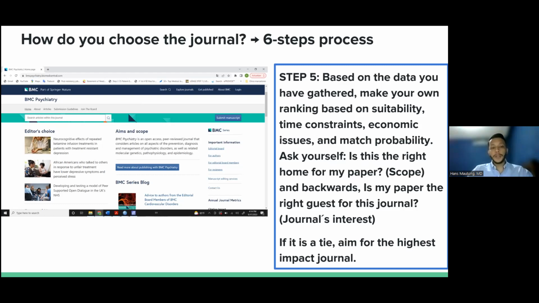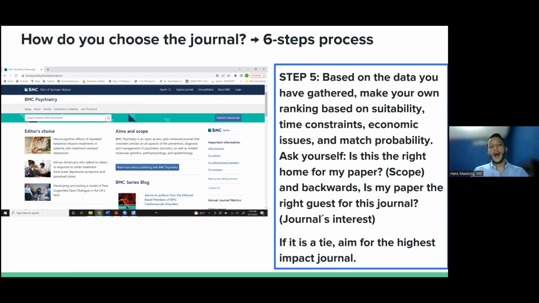And it is really important to ask yourself 2 different questions, which are basically the same question but backwards. The first one is: is this the right home for my paper? That basically translates to scope. The last thing you want to do is aim for a journal that does not match the scope of your paper.